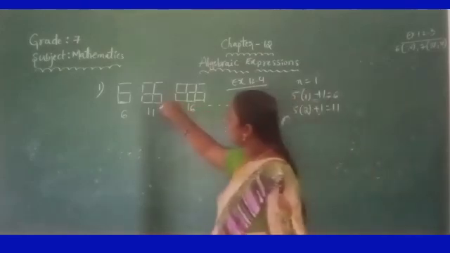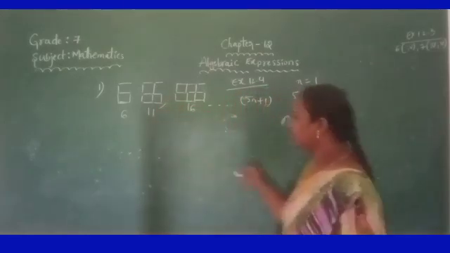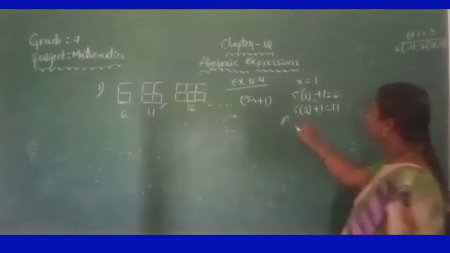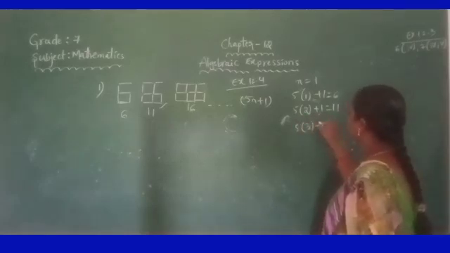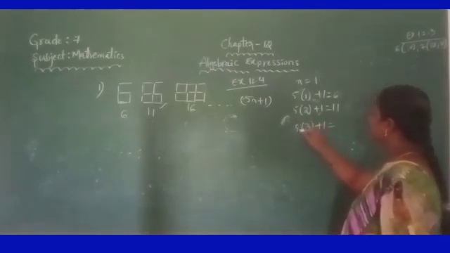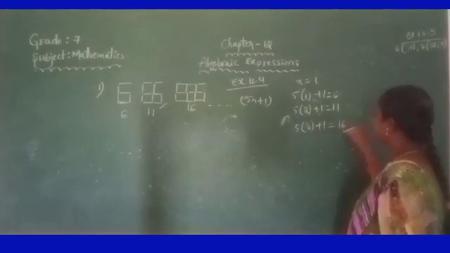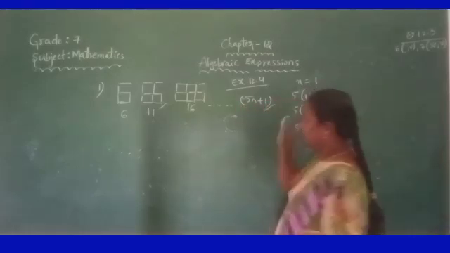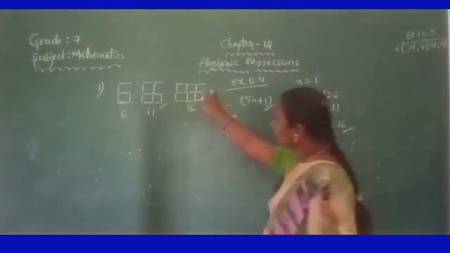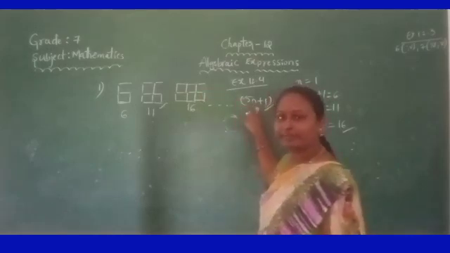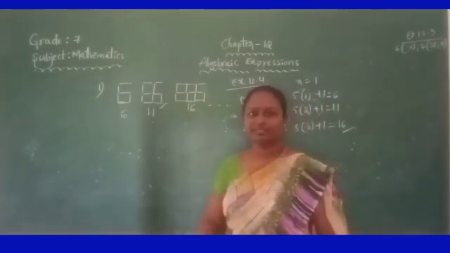So to make 2 digits, 11 line segments are required. Like that 3 sixes: how many line segments will be required here? 5 threes are 15, plus 1, 16. So what is the rule for this? That is 5n plus 1.